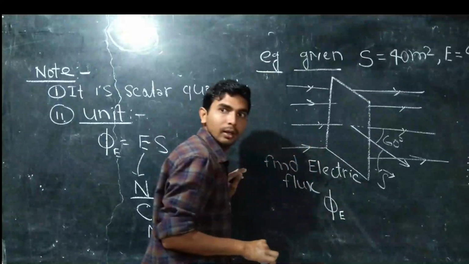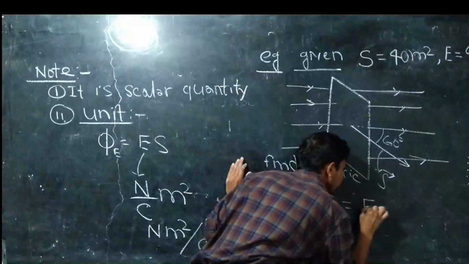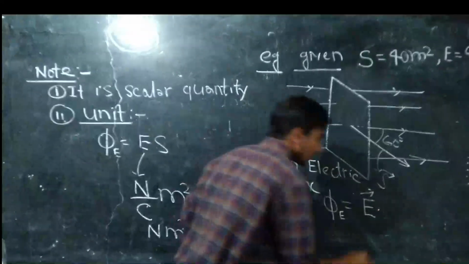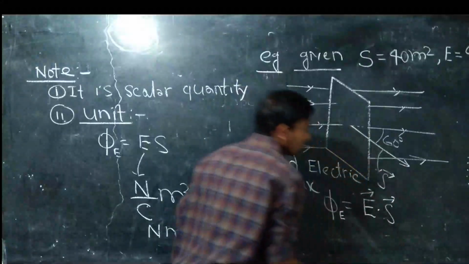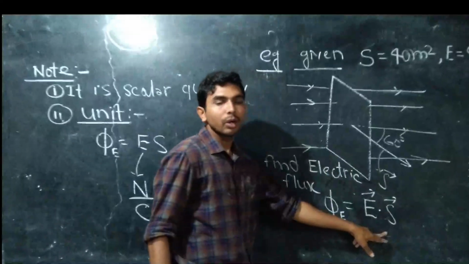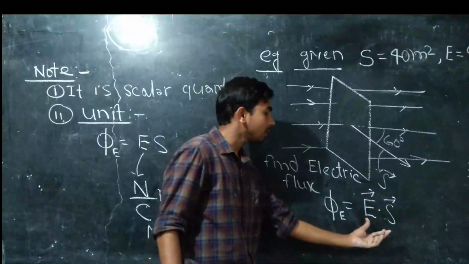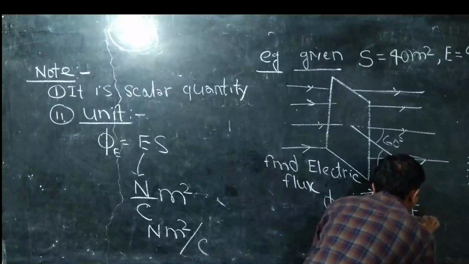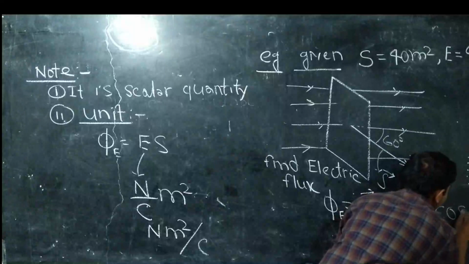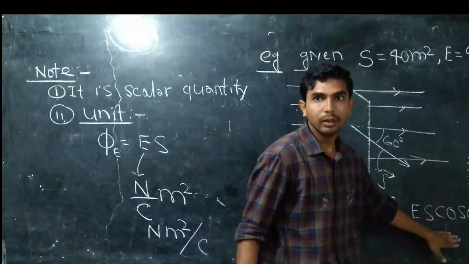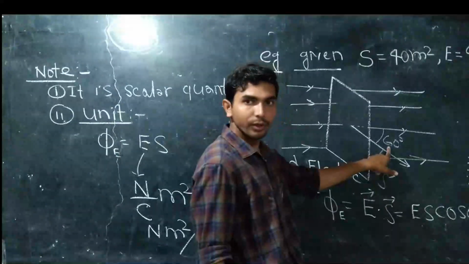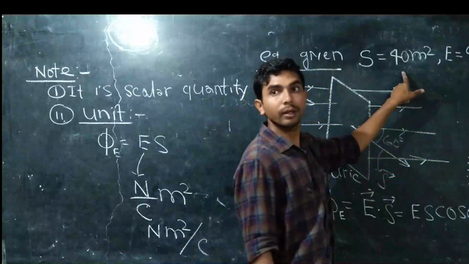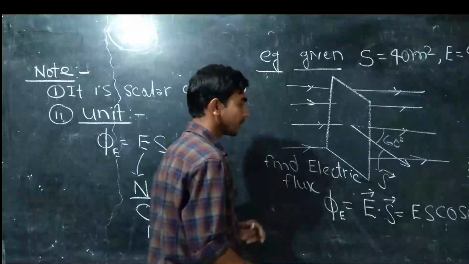Phi E is basically E dot S. Now the dot product, you know how to find. The value will be E S cos theta, and theta is given. This is your theta. E is given, S is given. Just substitute the values, get the answer, okay?